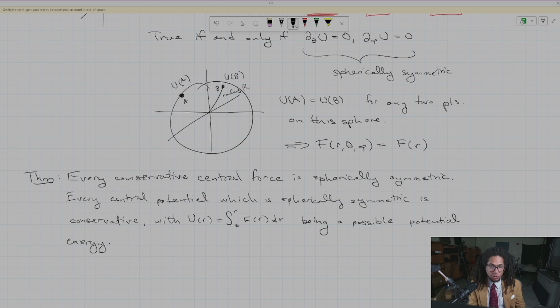Recall that the potential energy is not unique. So this is a possible potential energy, but not necessarily the only potential energy. And of course, just to be mathematically correct, I should make the variable of integration different from the bound of integration.